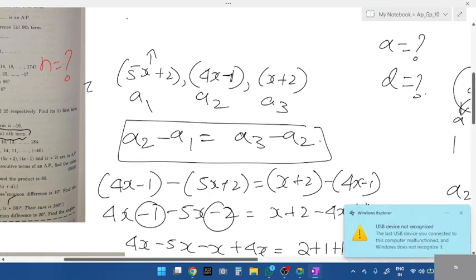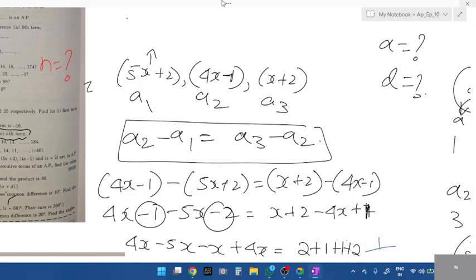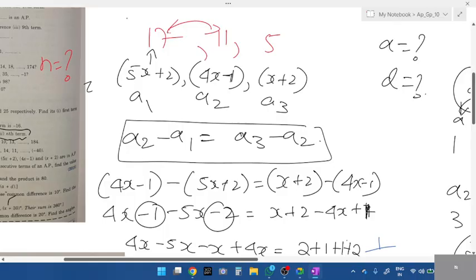After that, 17, 11 and 5. What's the difference between these two? 6 and 6. So the answer is A will be 17, D will be 6.